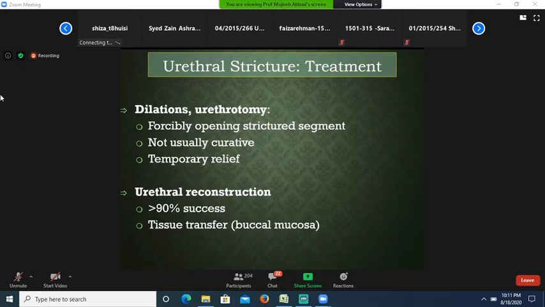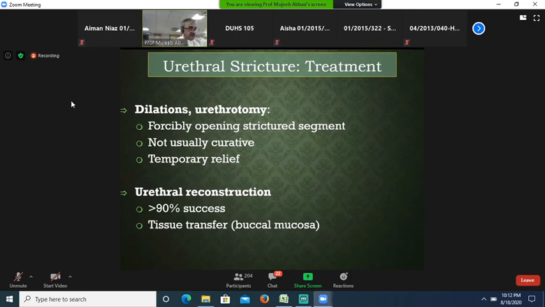The urethral reconstruction, which is being done, there's a department now in SIUT, and one of our friends is heading it, a very good fellow. He's very good at that, and the success chances of those are above 90%, which is very, very good. Sometimes they do a tissue transfer, buccal mucosa, because it's the same kind of mucosa.